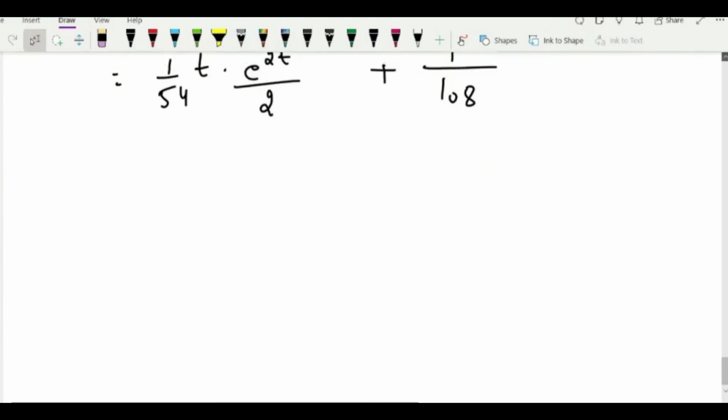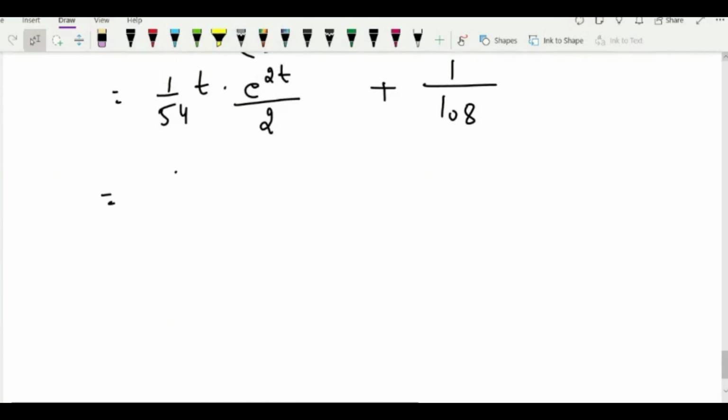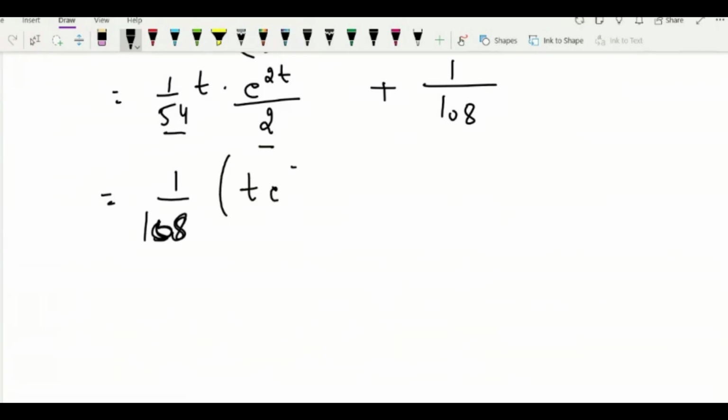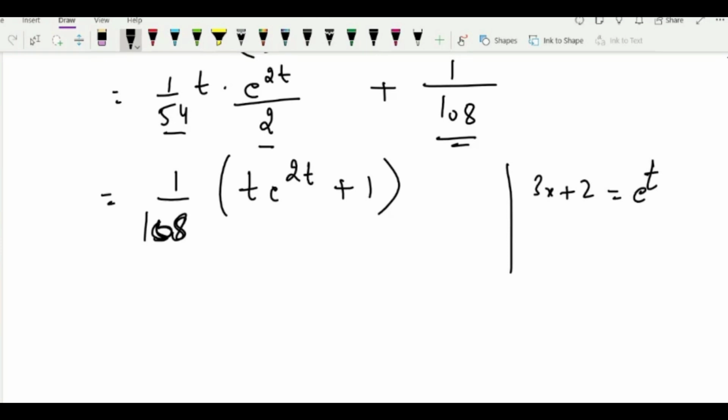The PI is as 1 upon 108, since 54 into 2 is 108. Taking common out, t e raised to power 2t plus 1. Now we have the substitution, 3x plus 2 is equal to e raised to power t.